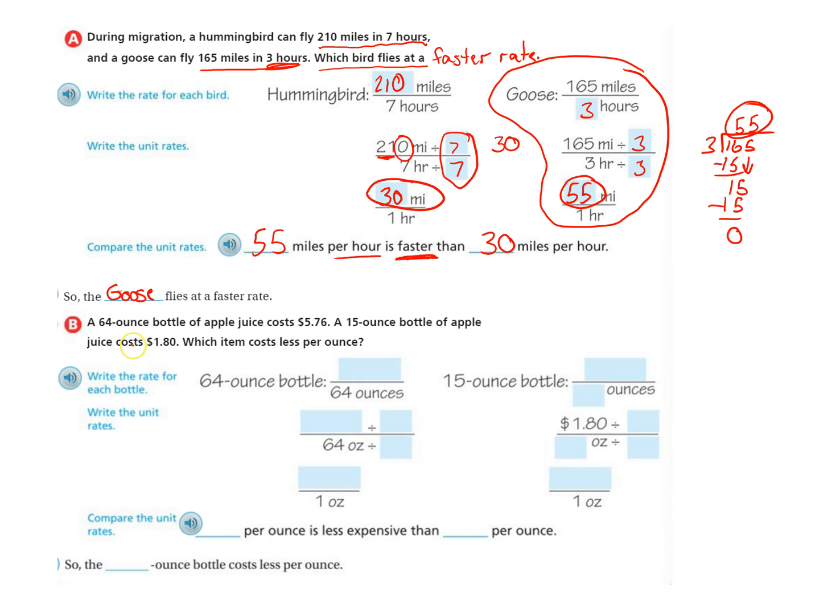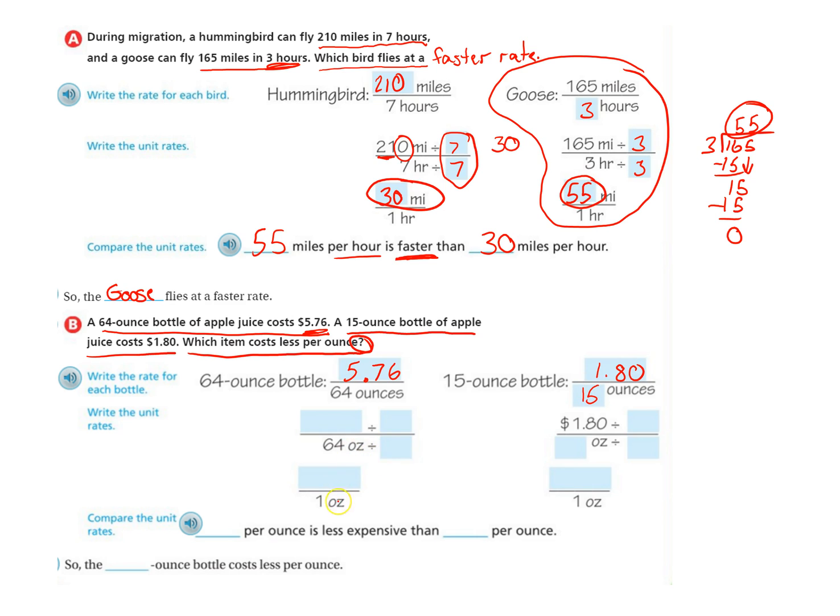Okay, example B, a 64-ounce bottle of apple juice costs $5.76. A 15-ounce bottle of apple juice costs $1.80. Which item costs less per ounce? Okay, so we need to find out how much per 1 ounce. So the 64-ounce bottle costs $5.76, and a 15-ounce bottle costs $1.80.